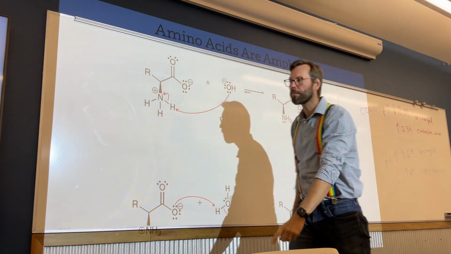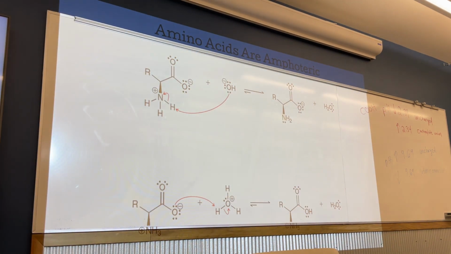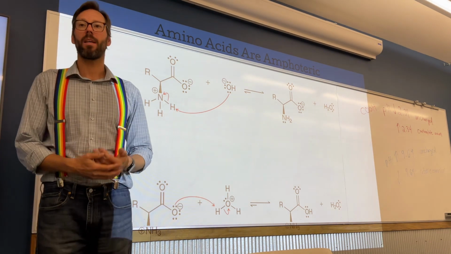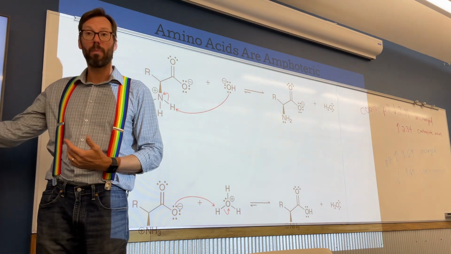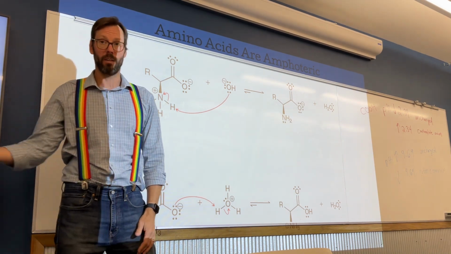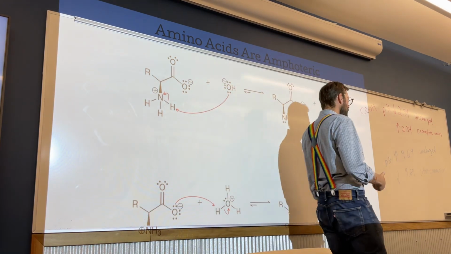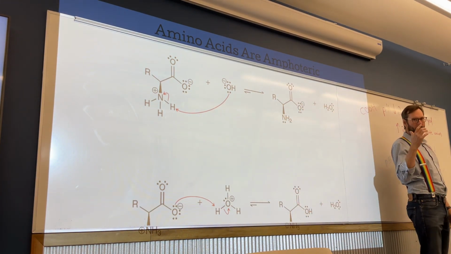Down here, though, we have it in an acidic solution, so then the amino acid is going to be a base. It's going to accept the proton that this donates, right? Right there. So just like water is amphoteric, can be an acid or a base, amino acids can be acids or bases depending on the pH of the solution they're in. Okay? And physiological pH is 7.4.